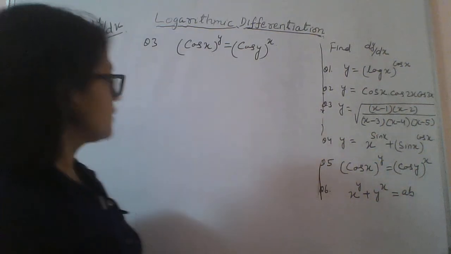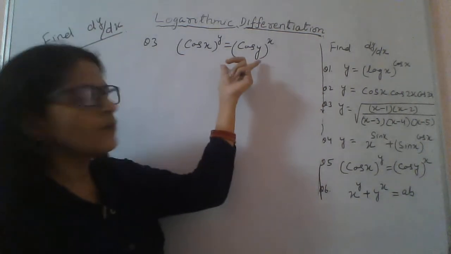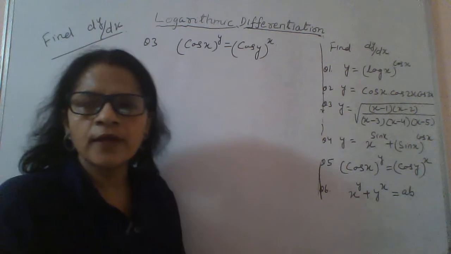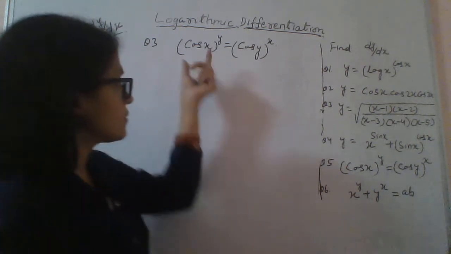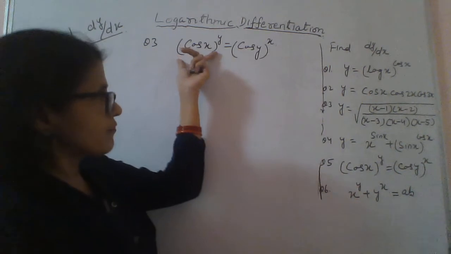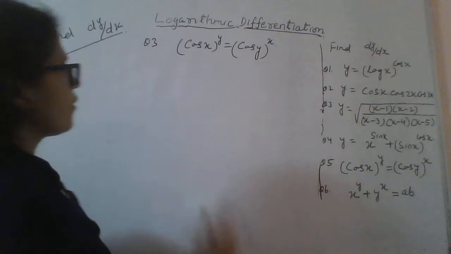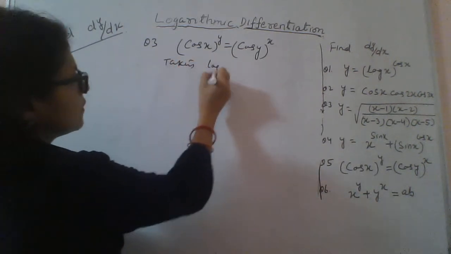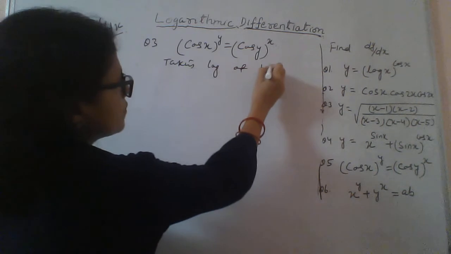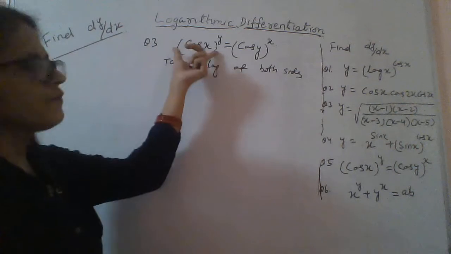So next question is question number 3. Cos x power y equal to cos y power x. Okay, so we have two sides, LHS and RHS, and here also we have a power function, here also we have a power function. So taking logarithm of both sides. So the logarithm of this will be what?